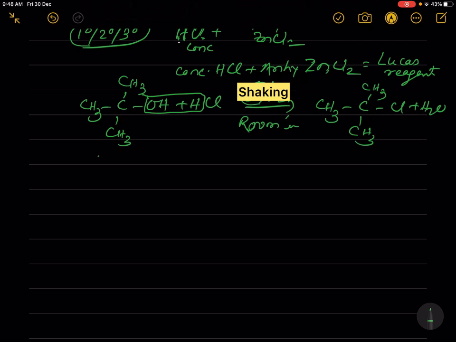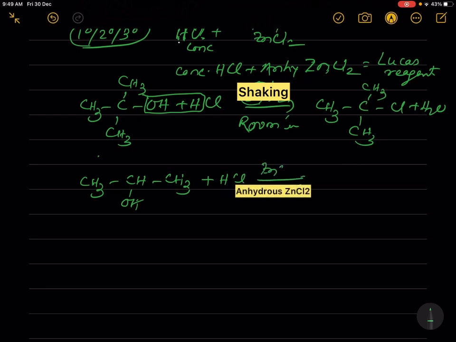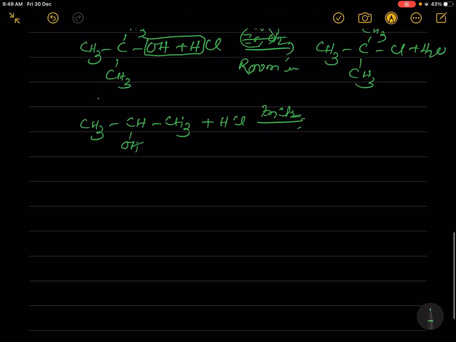And secondary alcohol gives the corresponding chloride after 5 minutes. This is a secondary alcohol on treatment with HCl in presence of zinc chloride, which gives the corresponding alkyl chloride, that is a secondary alkyl halide, after 5 minutes.